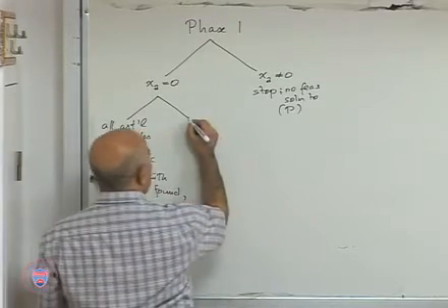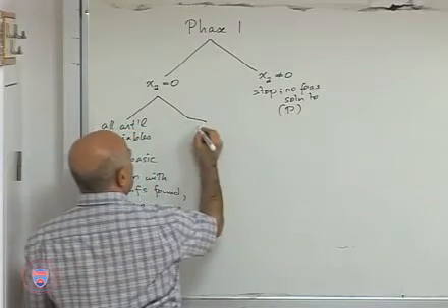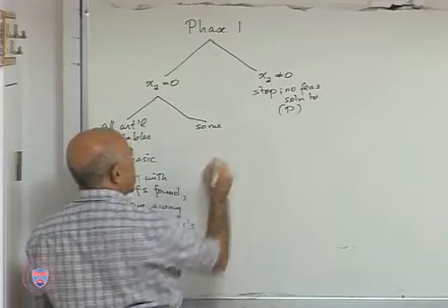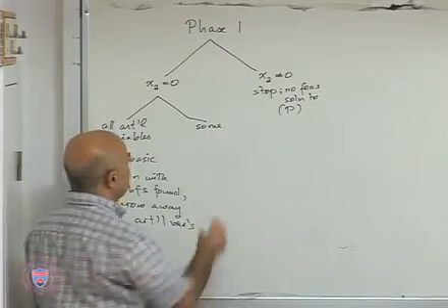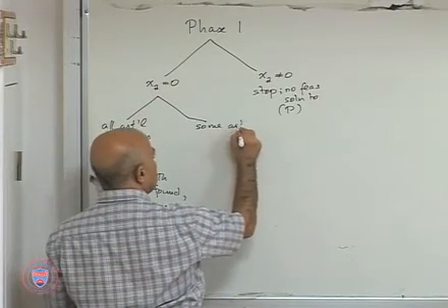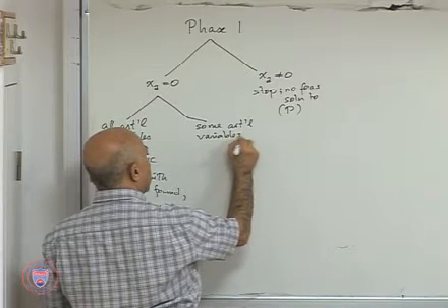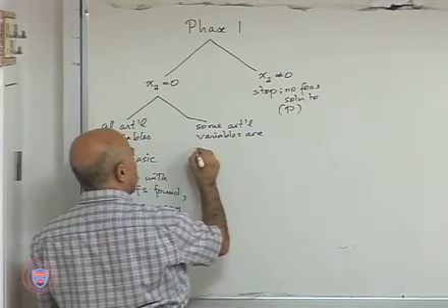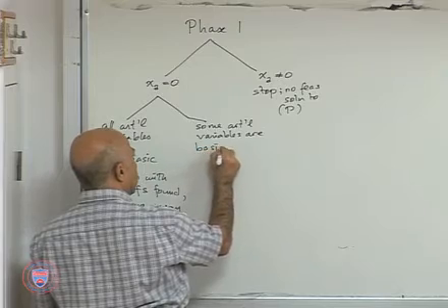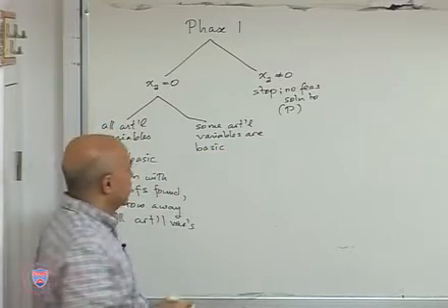In the second case, where some, meaning at least one, artificial variables are basic, but 0, okay?